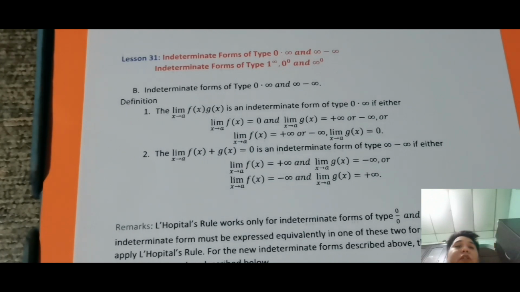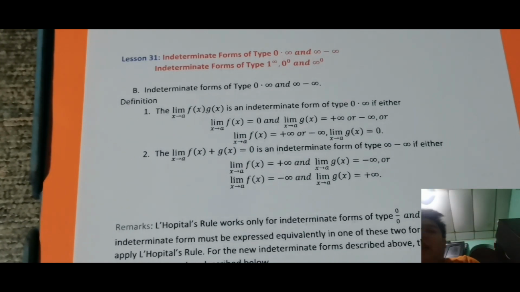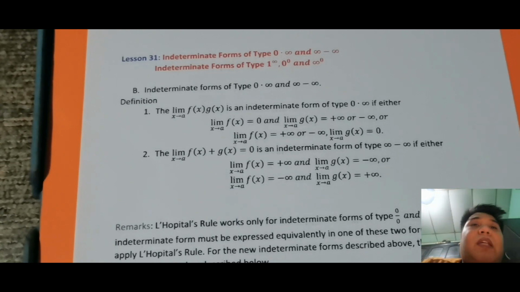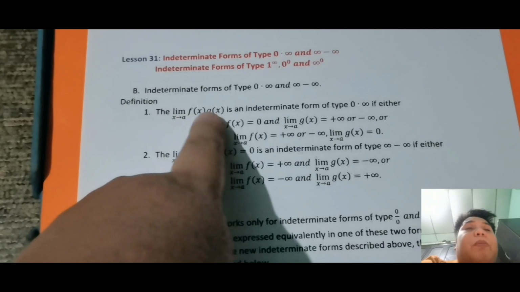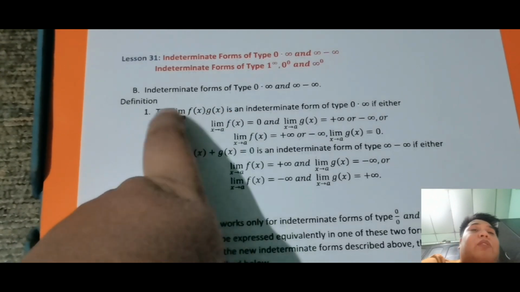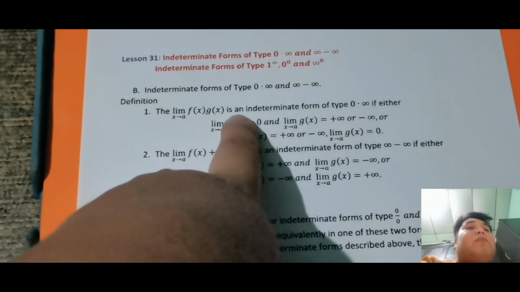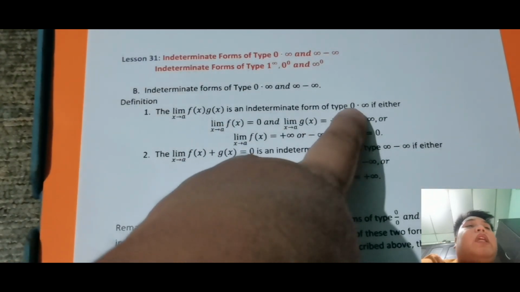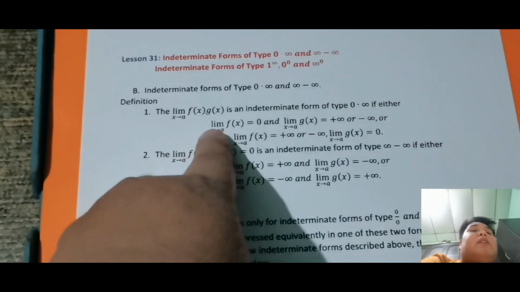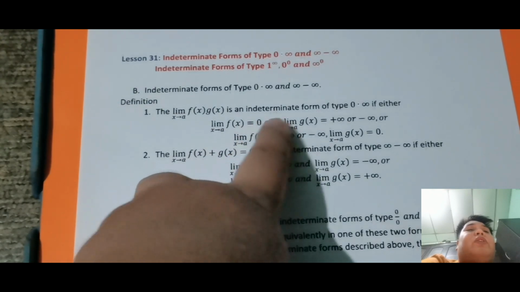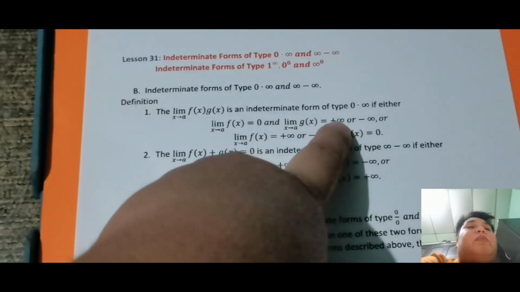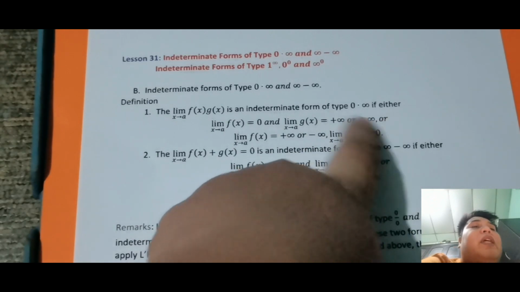Okay, so we have the definition. The limit of f of x times g of x, so again, f of x times g of x, hindi na to over. The limit of f of x times g of x as x approaches a is an indeterminate form of type 0 times infinity if either the limit of f of x is equal to 0 or yung limit ng g of x is equal to positive infinity or negative infinity, or vice versa.